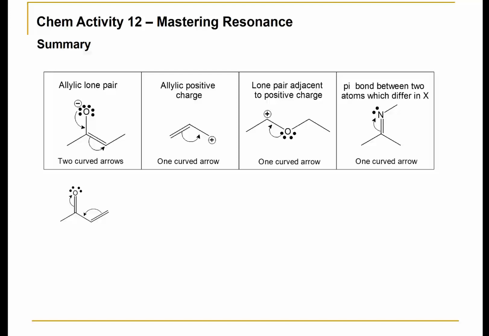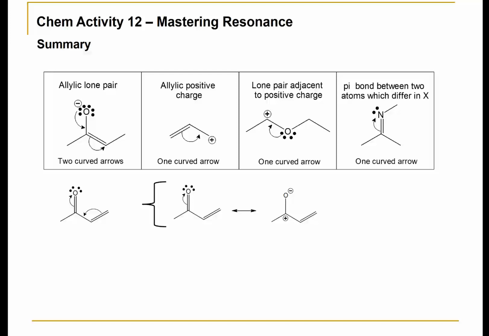But if you look a little more closely, and for instance, if we start just here, we can see that what's happening is this is a pi bond between two atoms that differ in electronegativity. And so if we then draw the subsequent resonance form, which would look like this, we can see that in fact what we have is an allylic positive charge.